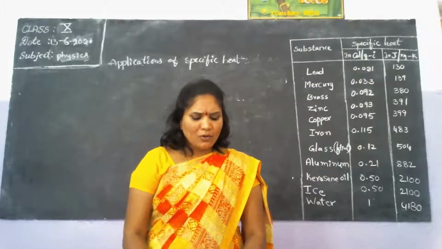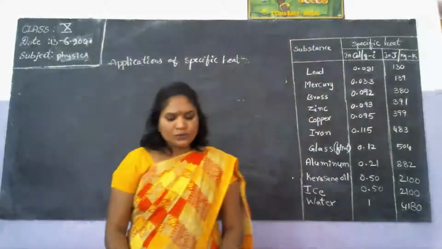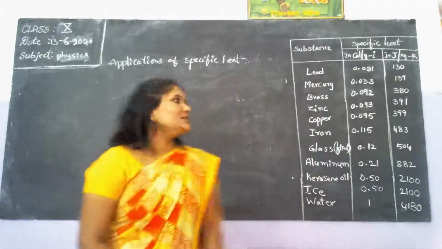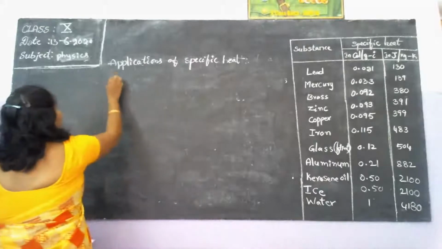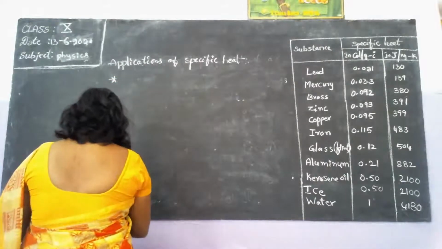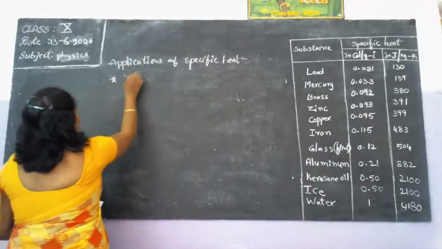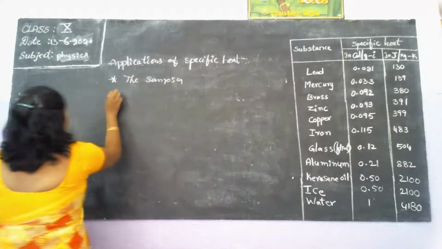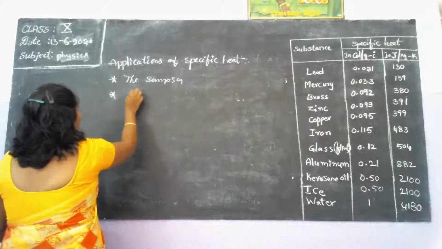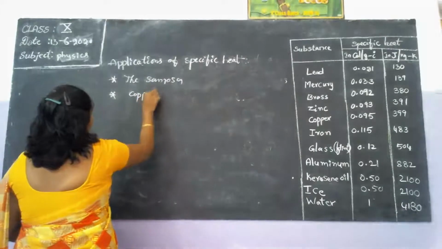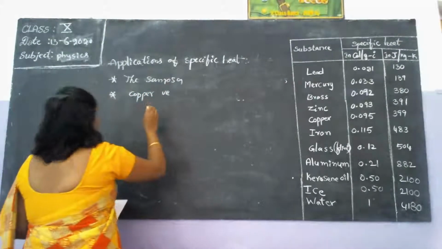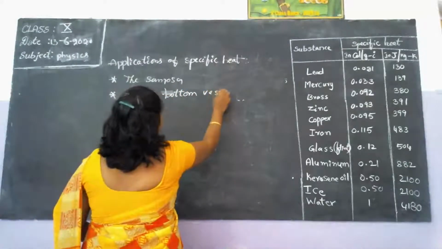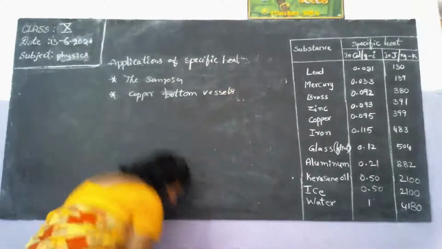Second, why is copper used for the bottom coating of cooking vessels? The first example was the samosa. The second example is copper bottom vessels.